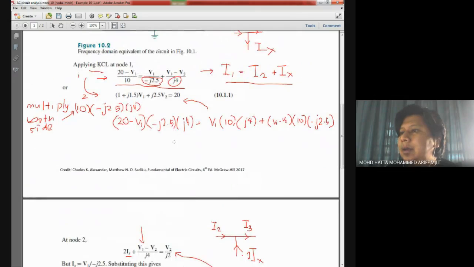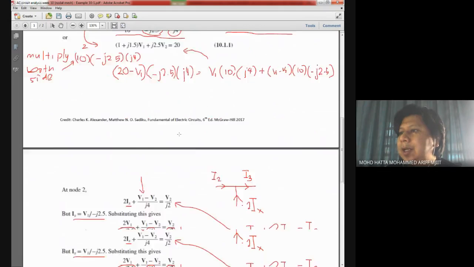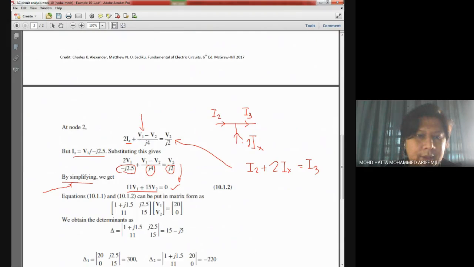All right, same goes here. Now we have two equations.